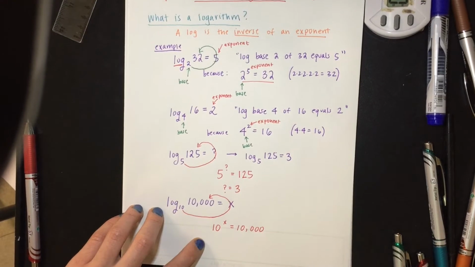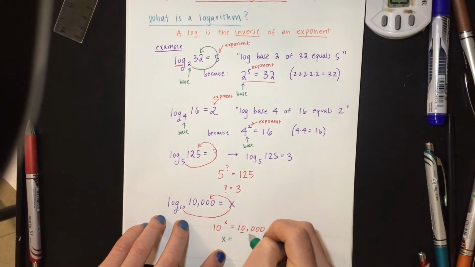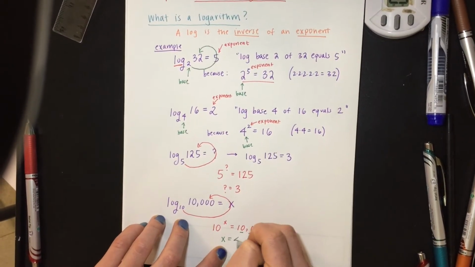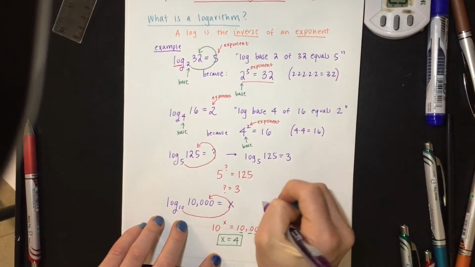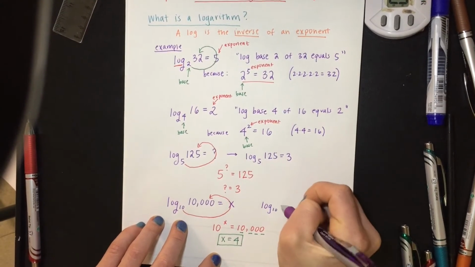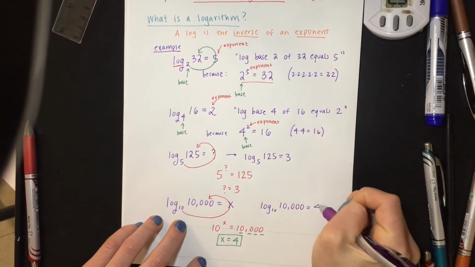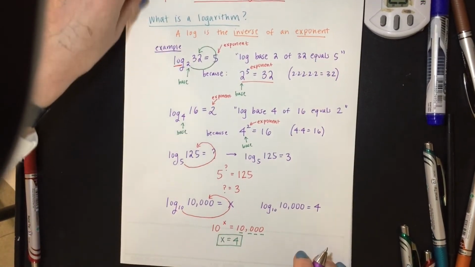Well, in this case, there are 1, 2, 3, 4 zeros, so x is equal to 4. So I have log base 10 of 10,000 equals 4. Let's do some more. I need to flip my page.